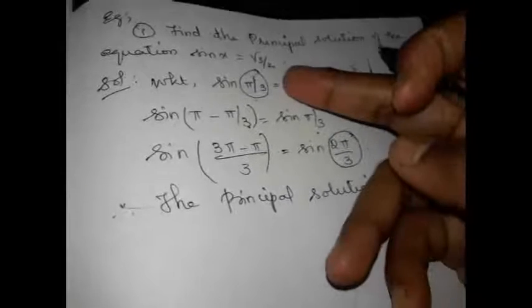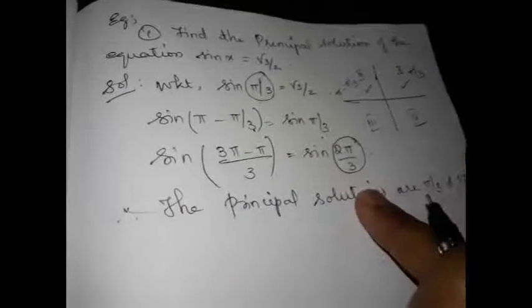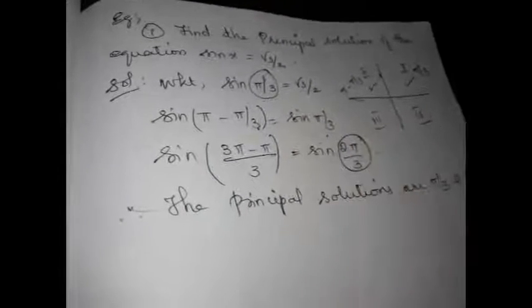So we found in which quadrants it will be positive, because the answer is given as positive, and we expressed that angle in terms of pi, because we know the value remains unchanged with 180 minus theta. Right. Let us solve one more example so that you will get better clarity.